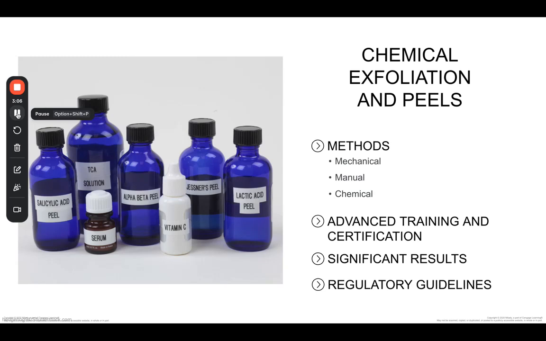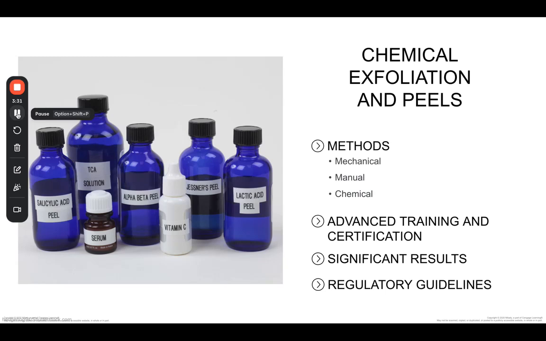In terms of the different methods that we use, for example, mechanical exfoliation would be considered microdermabrasion. That would be one example of mechanical exfoliation because you'd be using a machine, vacuum, some sort of suction, and diamond or crystal tips in order to perform your microdermabrasion.